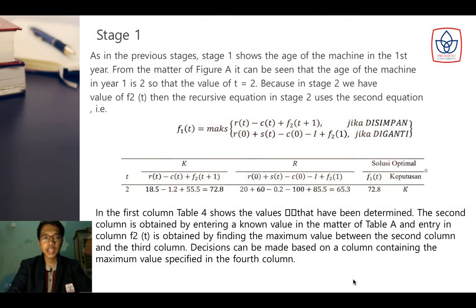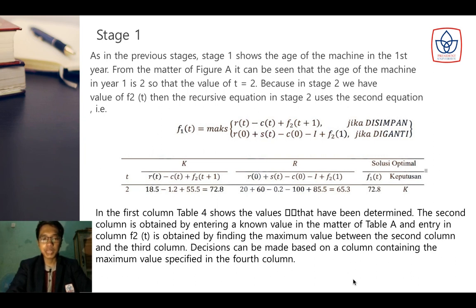Stage 1. As in the previous stage, stage 1 shows the age of the machine in the first year. From figure A, it can be seen that the age of the machine in year 1 is 2, so the value of t is 2, because in stage 2 we have the value of f2, t. The recursive equation in stage 1 uses the second equation. The formulation is like this.